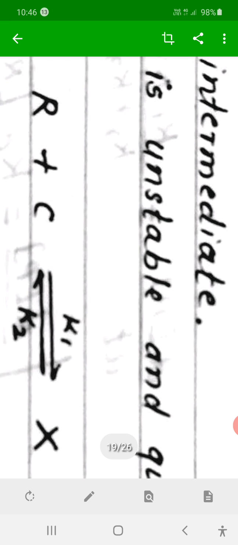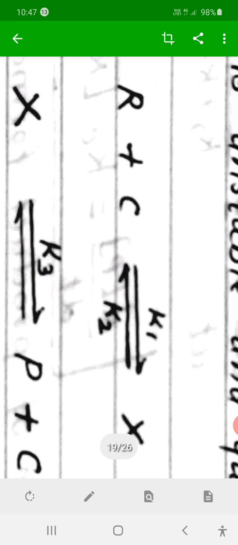That is the first removal, where X again generates R and C. X is again converted into R and C. What is the rate of that backward reaction? K2 into concentration of the reactant, that is X here for the backward reaction.